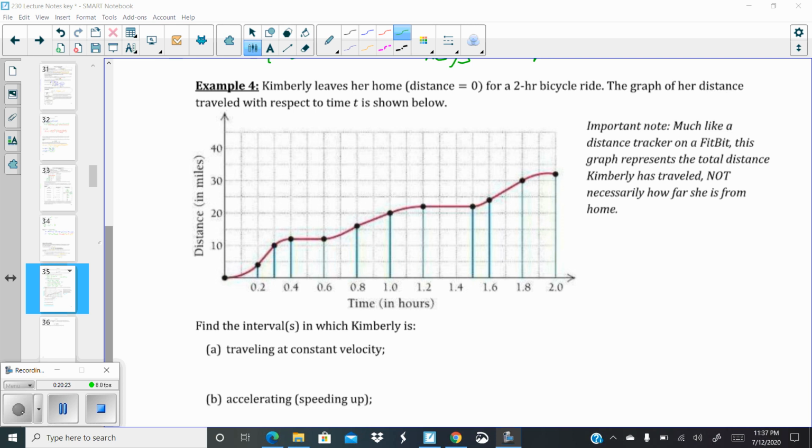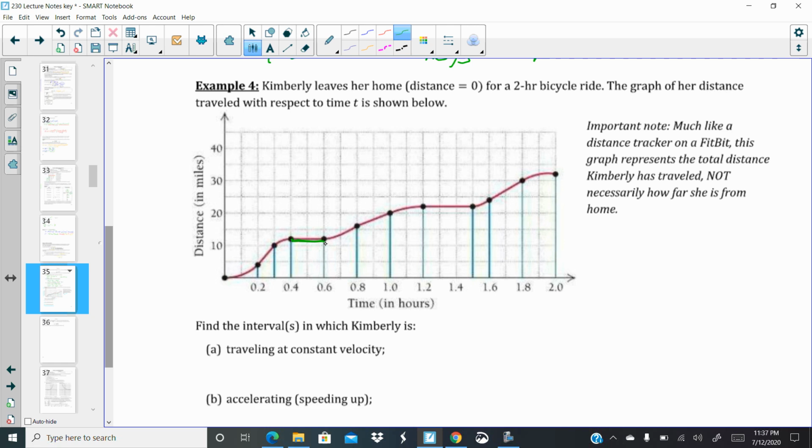So let's see if we can find these places. It looks like right here there is a constant velocity, because according to this, the distance is not going up or down, which means the distance is not changing, which means that the constant velocity there is zero.